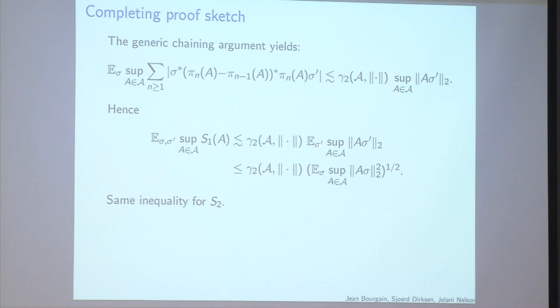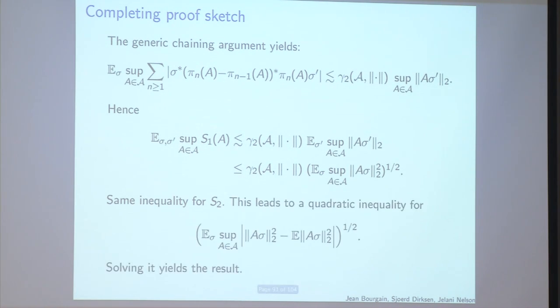Since sigma prime and sigma are identically distributed, it's the same as replacing sigma prime by sigma here. You get a similar inequality for this second term. And what you then find, if you subtract and add the expected norm of A sigma squared, so A applied to these random signs, is a quadratic inequality for this quantity here.